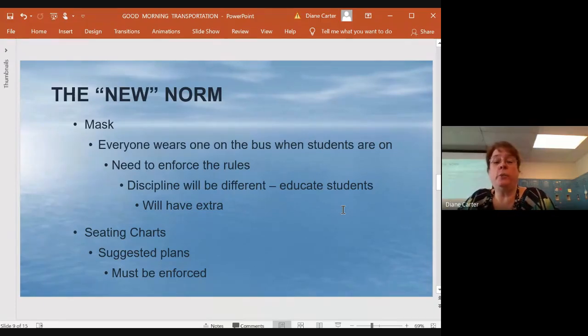So it would go 1, 2, 1, 2, and then on the opposite side would go 2, 1, 2, 1. So in a row, there are only 3 children, and in a 3-seat square, there are only 4 kids in that square.